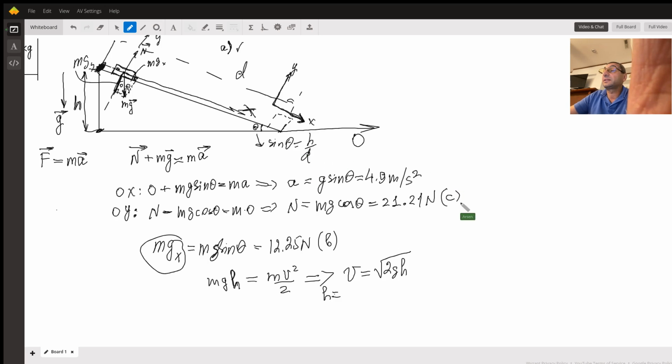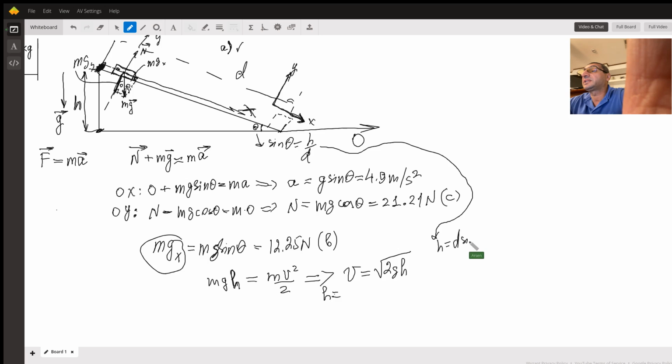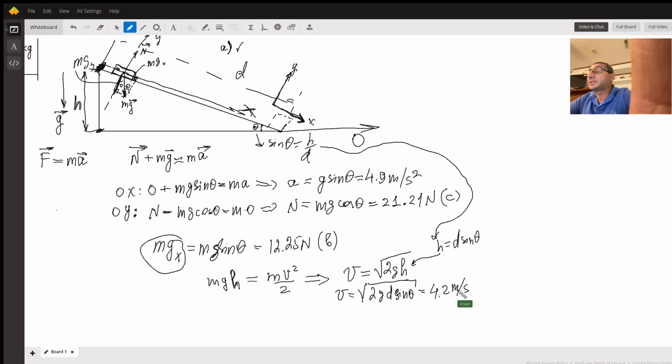From here h will be equal to d times sine theta, and if we plug h in here, you will find that v equals the square root of 2gd sine theta. If you plug in all the numbers, you will get 4.2 meters per second. And this is the answer to the last question, E. So the problem is solved. Thank you so much.